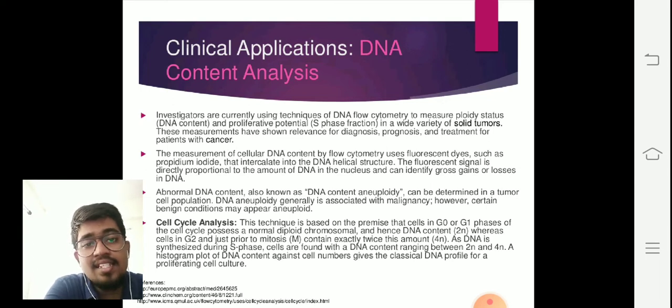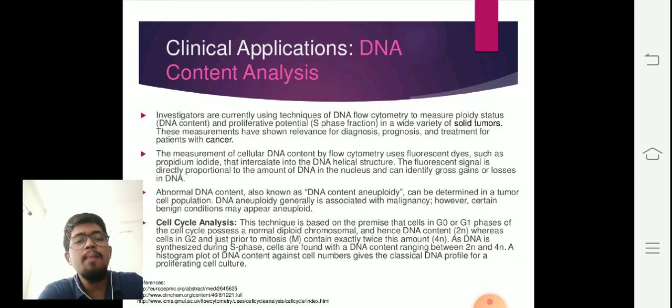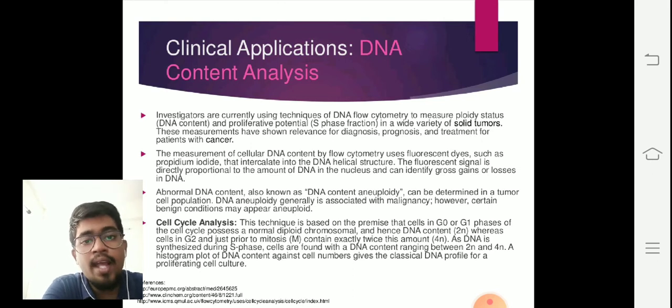As DNA is synthesized during the S phase, cells are found with a DNA content ranging between 2n and 4n. So a histogram plot of DNA content against cell numbers gives the classical DNA profile for proliferating cell cultures.